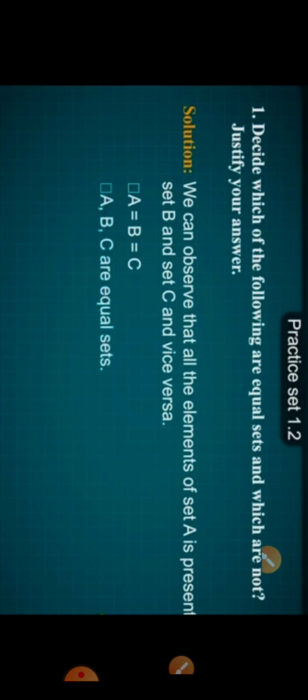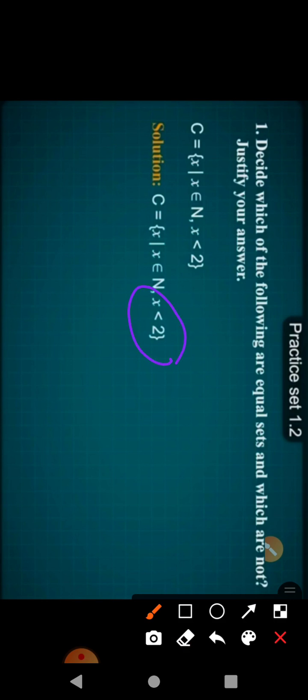So we can write A equals B and B equals C. After that we can conclude here, as A is 1, B is 1 and C is 1, A, B, C are all equal sets.